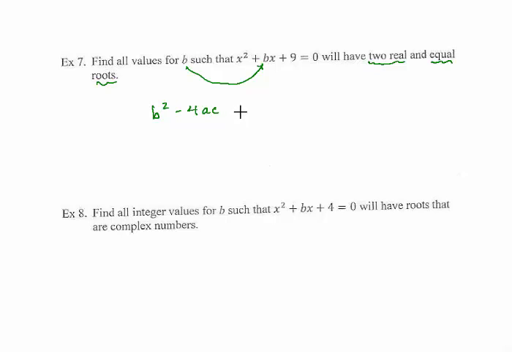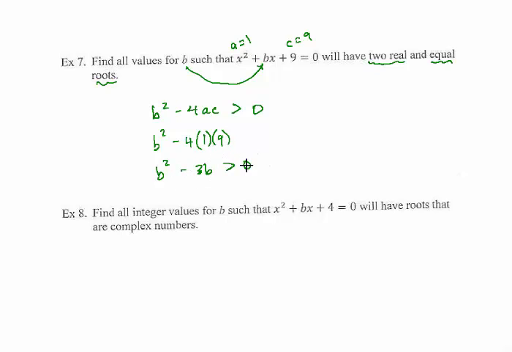If we're to get two real solutions, then this has to be greater than 0. We don't know b, so we plug in a, which is 1, the coefficient of the x squared term, and c equals 9. So we get b squared minus 36 is greater than 0.